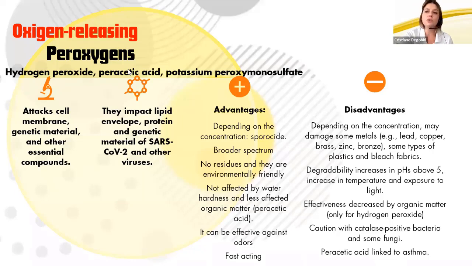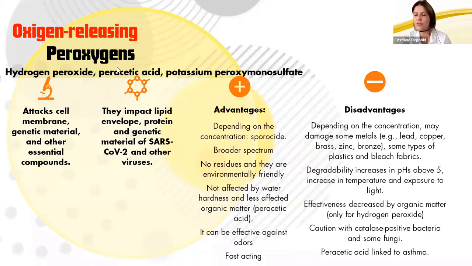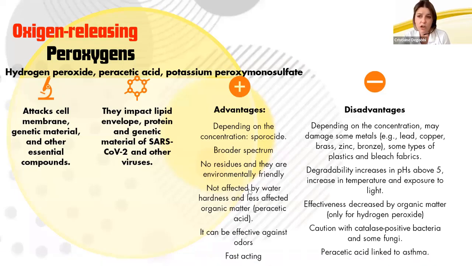So we decided to go with a product that was a blend of hydrogen peroxide and peracetic acid, because we knew it would fight bacteria, fungi and viruses very well, and also we could get rid of the odor it was causing.